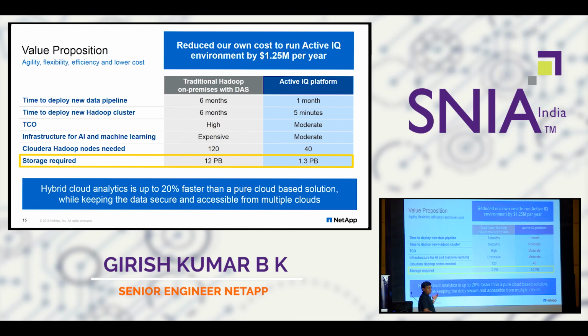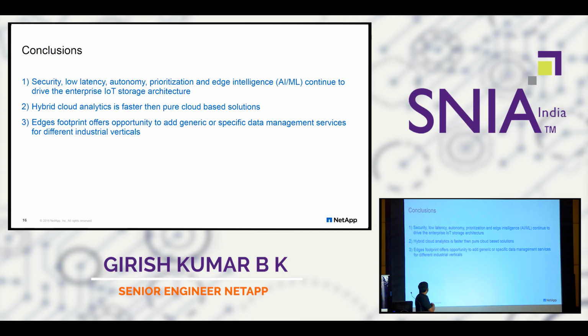What these numbers tell is that if you go for a pure cloud solution for this kind of data, you might realize the same value at a very high cost, and it might be slower also. That's the point being drawn here: if you have a hybrid cloud world, it will be much faster.